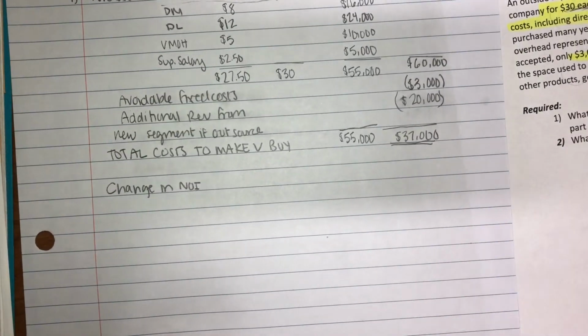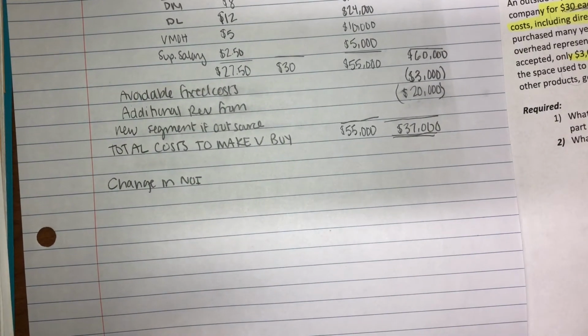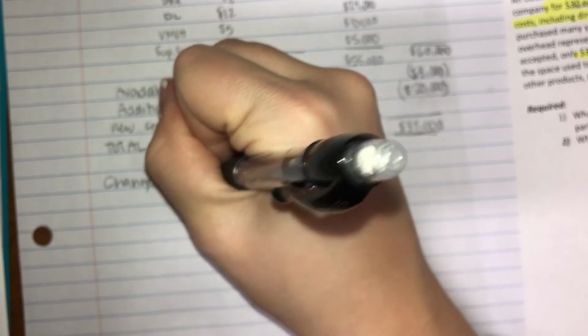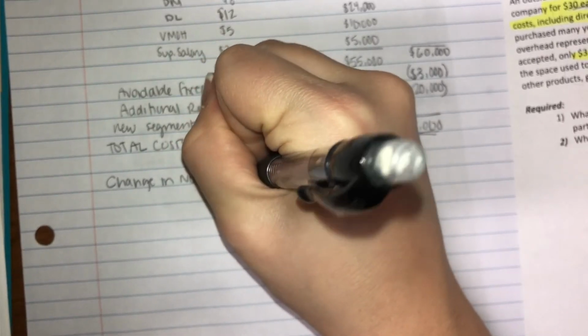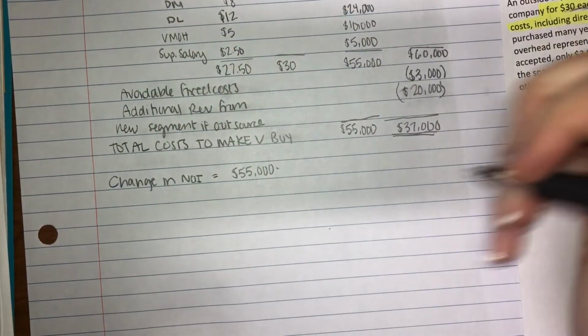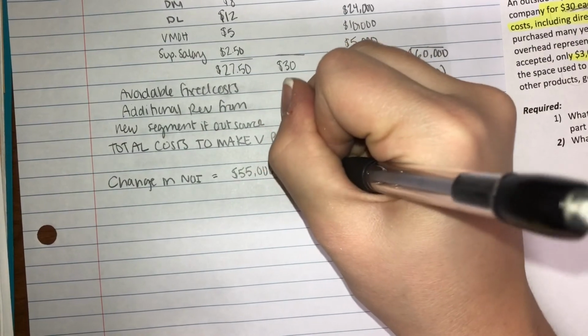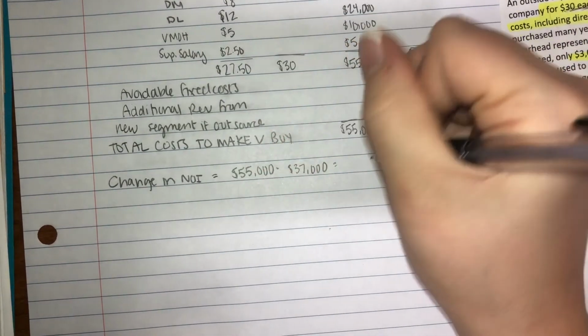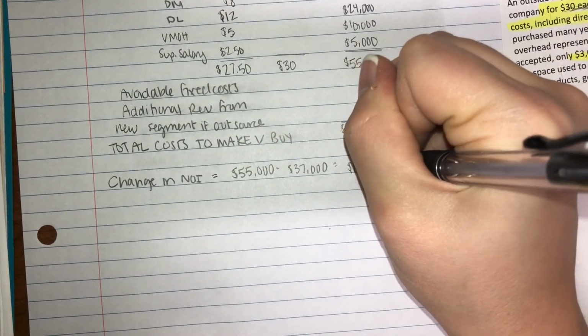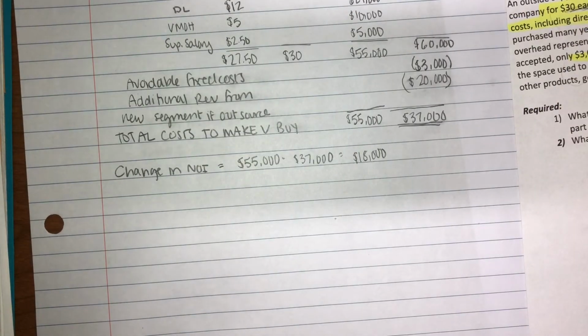Then they want us to determine the change in net operating income. That's just our $55,000 minus our $37,000, and that gives me a change of $18,000. Perfect.